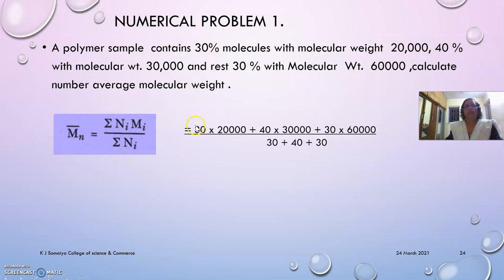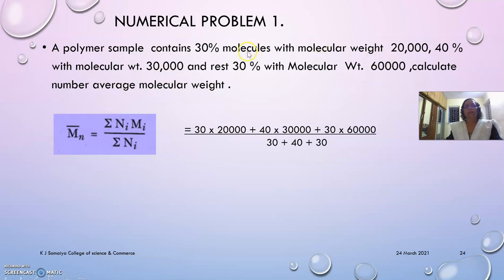So substituting for Ni and Mi, we can write the formula as 30 into 20,000 plus 40 into 30,000 plus 30 into 60,000. So this gives you the numerator, upon the total number of polymer units.